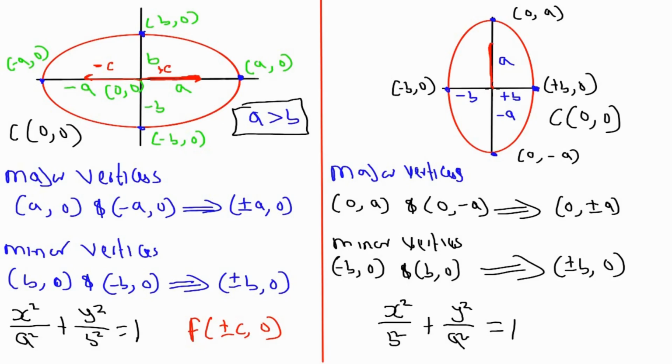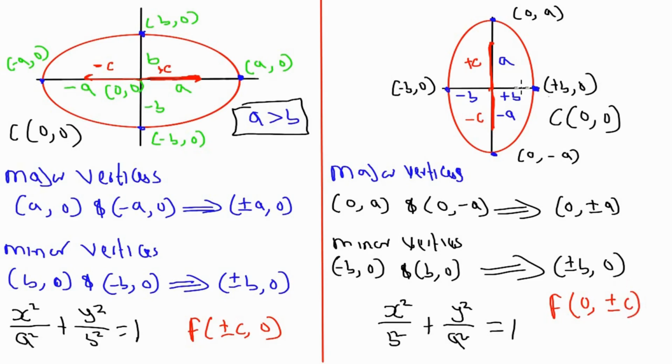So we call that point the foci. Foci is the plural for the word focus. So that's positive C, and it is negative C units away towards the negative y-axis. So its foci is 0, plus or minus C.